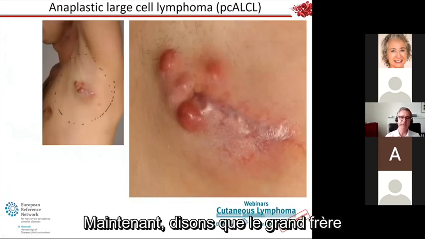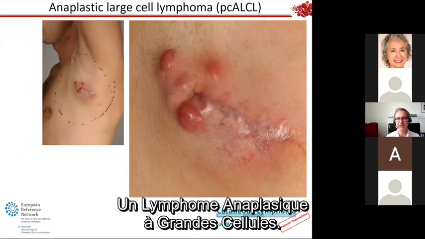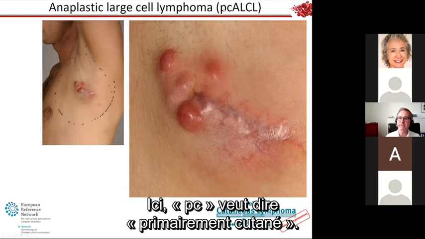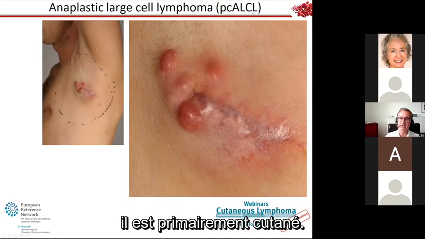Now let's say the larger brother, or the older brother, of LyP is ALCL, anaplastic large cell lymphoma, and the PC stands for primary cutaneous. So the first appearance of the tumor happens in the skin, primary cutaneous ALCL.